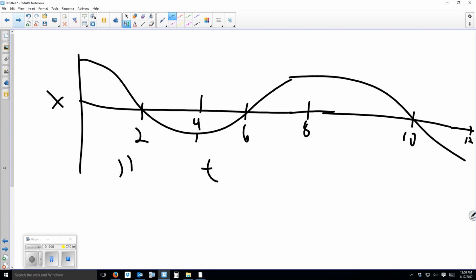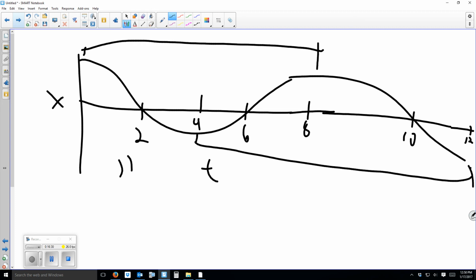If it starts at the equilibrium, just remember that you have to go through 2 equilibriums to get there. We have to go through a whole range of motion. The period is the time to go through a full range of motion. If we just stop at 6, that's only half. We haven't gone up at all. So we said the period is 8.